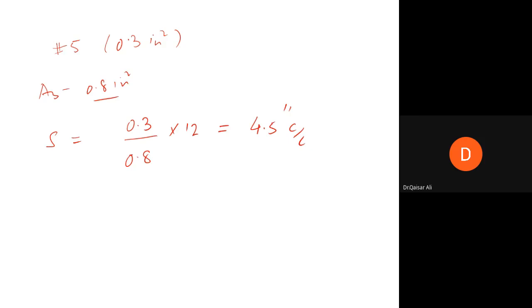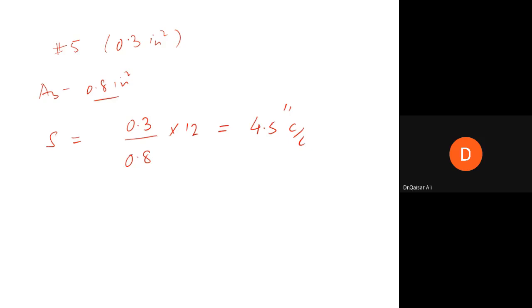So finally, we will round up or round down some of the spacing, and we'll try to keep the spacings not too many. The variations in the spacing shall not be too many, because then it will create problem for the fabricator.